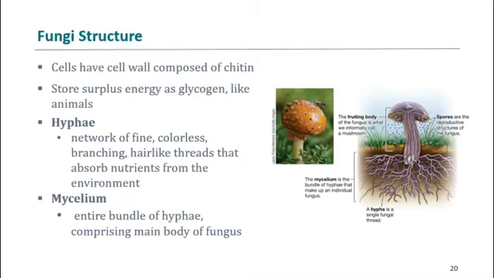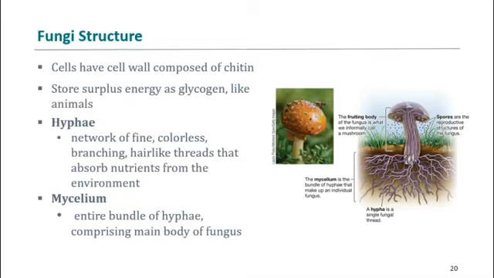So let's look at the body of a fungus and what makes it different from the other organisms we've talked about. So fungi, when we look at what makes up their bodies and get down to the cellular level, we're looking at cells that have a cell wall. So we know that plants have cell walls and bacteria have cell walls.